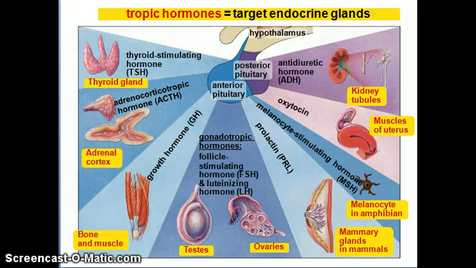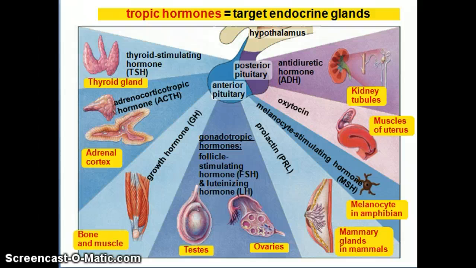A tropin, or a tropic hormone, is going to either stimulate growth in the target organ or cell. Tropic actually means nourishment. Or when the target organ is another gland, the tropic hormones are going to cause them to produce and release their own hormones.